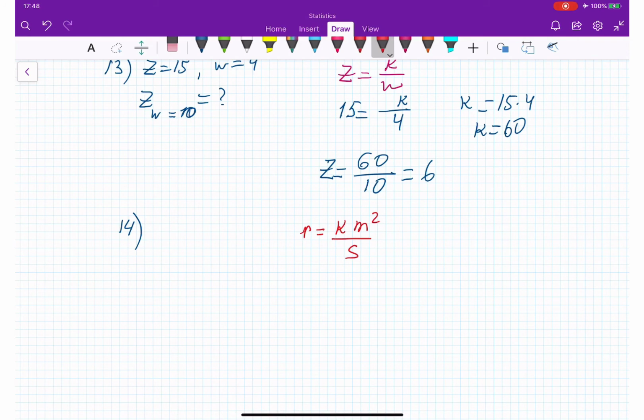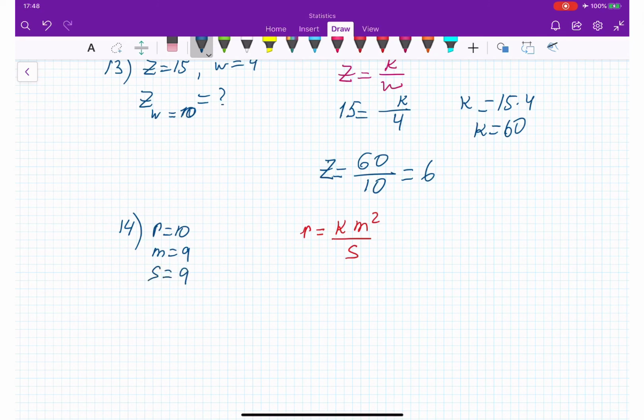Okay, so what do we have? If r is equal to 10, m is equal to 9, and s is equal to 9.